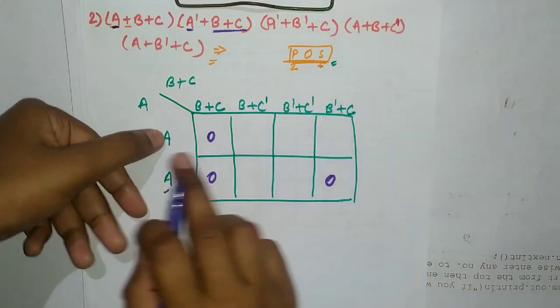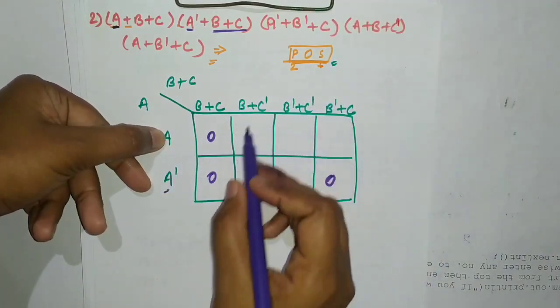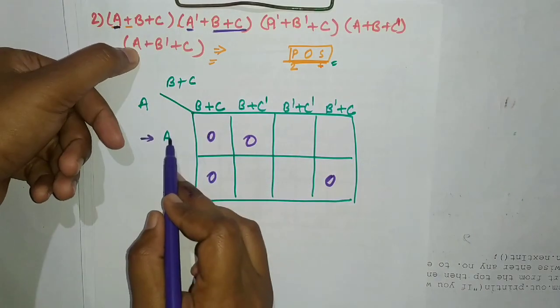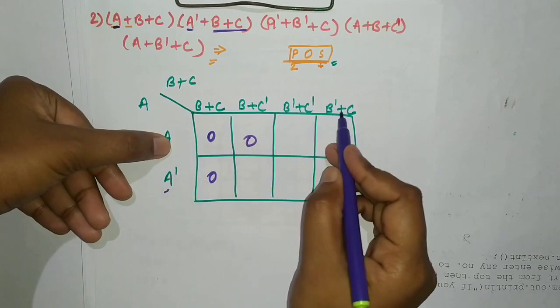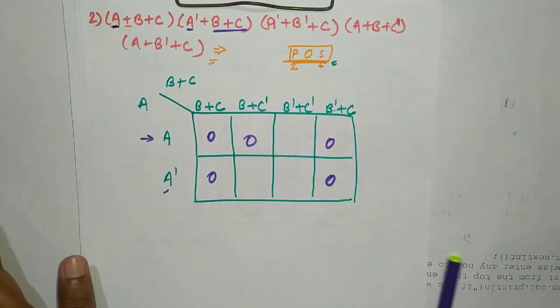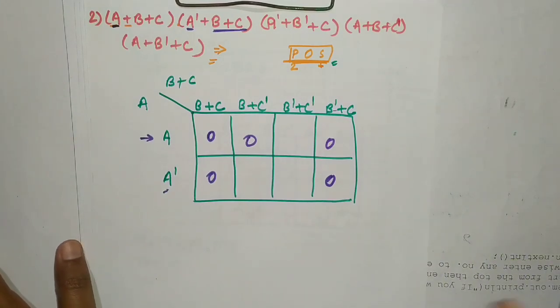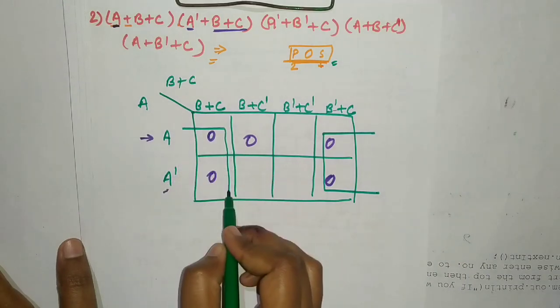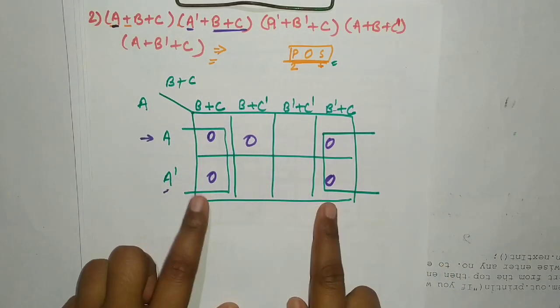Next A, that means this one, B plus C dash. So we put it here. Then A is here, B dash plus C, that means this one, we put the value here. So now make a pair or quad. Here is a value and this is the value, so we can make a quad.